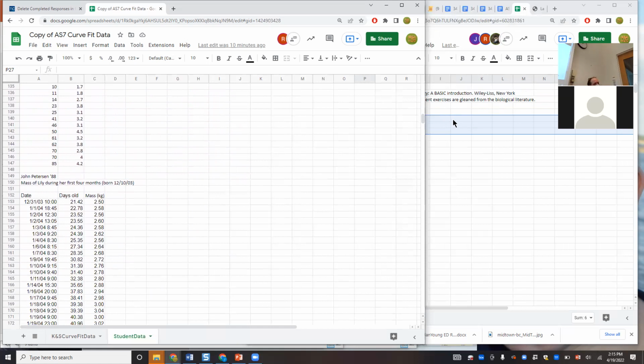What would you expect just from first principles when you're thinking about growth of a young child, what would be a reasonable expectation for how a child might grow during 120 days of life?